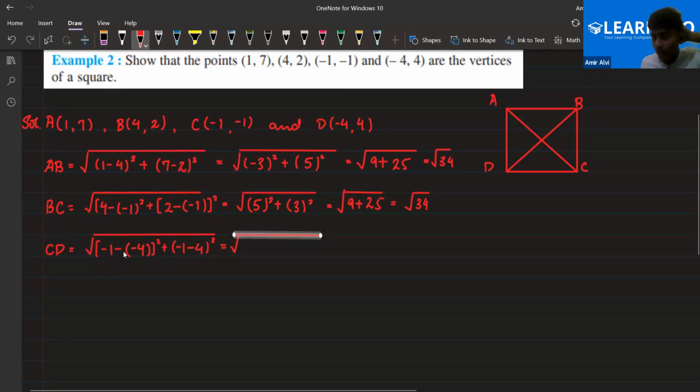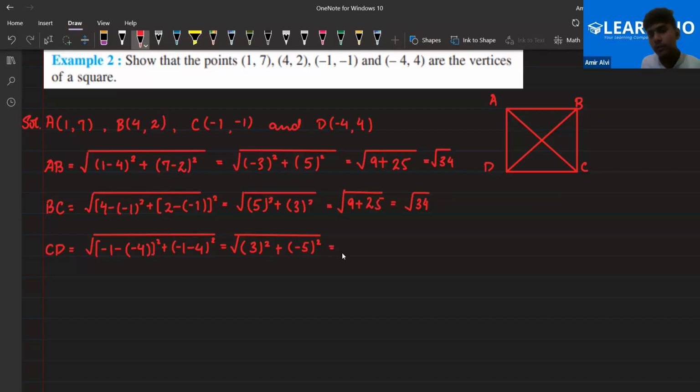So minus 1 and negative of 4 would be positive 4, so 4 minus 1 would be 3. Yes or no, Gianna? Yes, sir. 3 square plus minus 1 minus 4, minus 5, whole square. So the value will remain the same, that is a positive 25. So that would be again root 34.